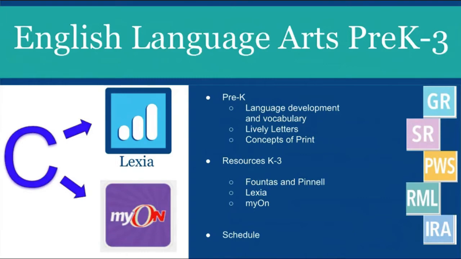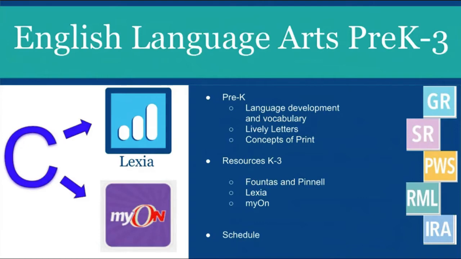First, we have pre-K, and our youngest learners are working on concepts of print. They're understanding all of the things that go along with looking at print and how to manage print. They're using a program called Lively Letters. They're working on language development, vocabulary, and the very beginning of writing.